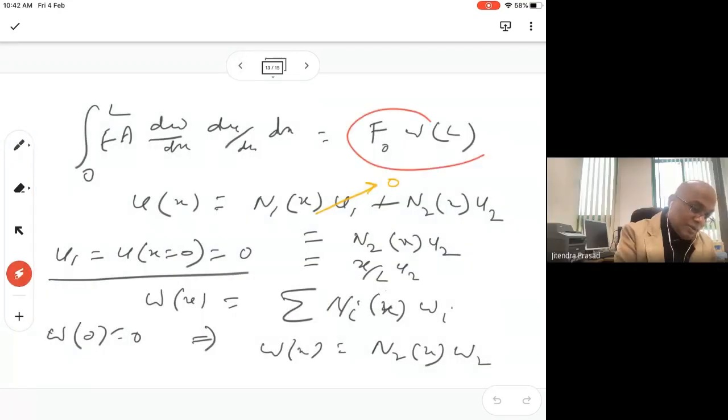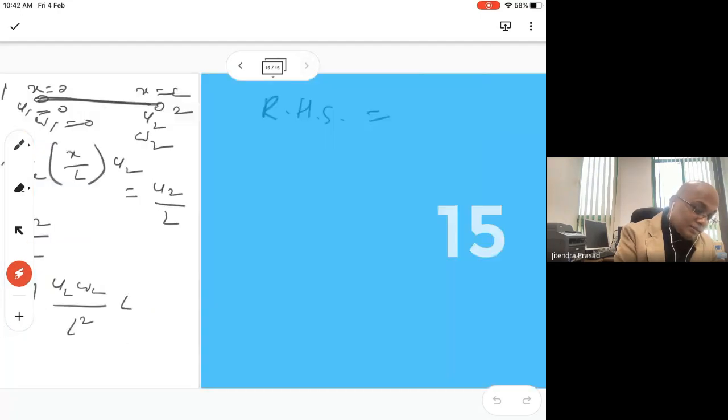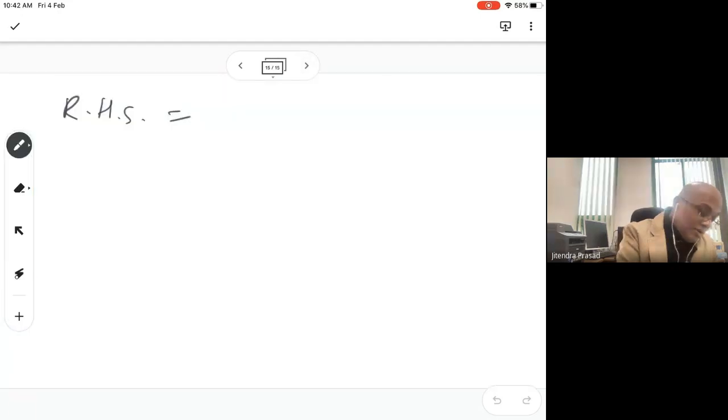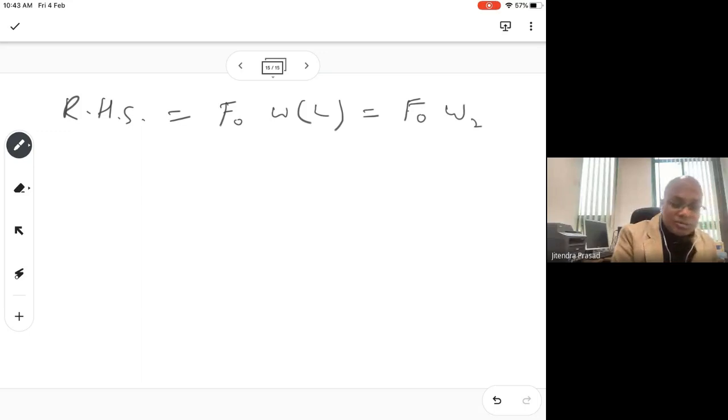We have F naught times w at L. And w at L is what? w2, right? x equal to L is node number 2. So left hand side equal to right hand side, and what do we get?